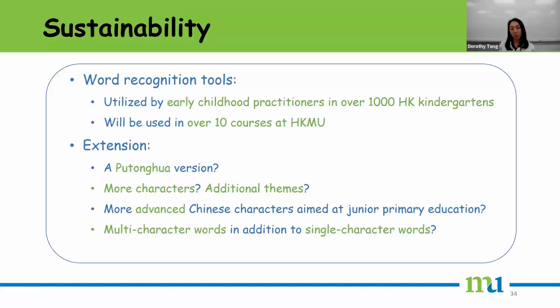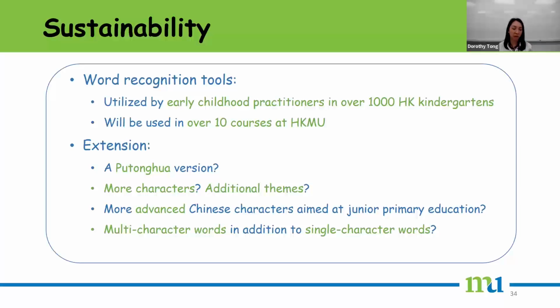Or maybe we can extend more Chinese characters under one theme, or we can come up with additional themes, or more advanced Chinese characters targeting junior primary education, because now we are just focusing on kindergarten education, right? And because kindergarten children can only learn simpler words, now it's only single character words.